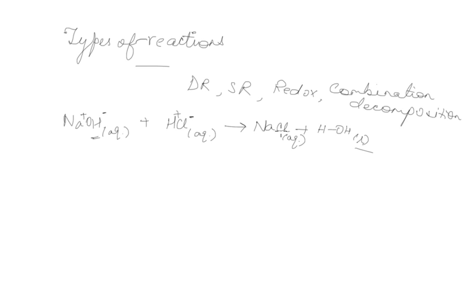So chloride reacts with Na plus, OH negative reacts with H plus and generates water. Just because there are two different kinds of ionic partners that have been changed, we call this the double replacement reaction.